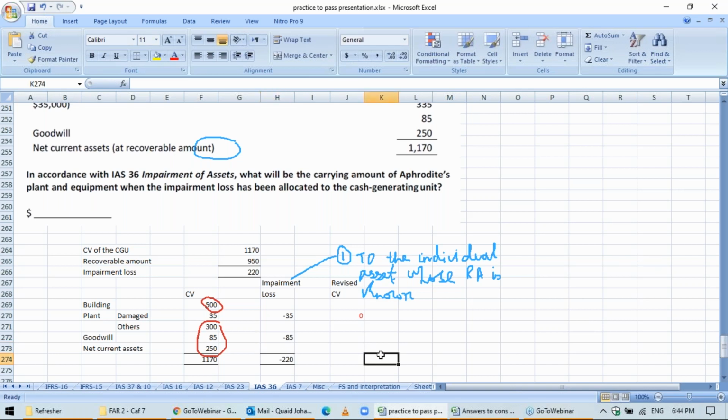So I can easily deduct 85, right? So I have deducted the maximum loss from there and the goodwill gets 0. Now, this is also 0. So 2 items gone. Now, what items are left behind? The items left behind, you will be seeing in green color. You have building, sorry.